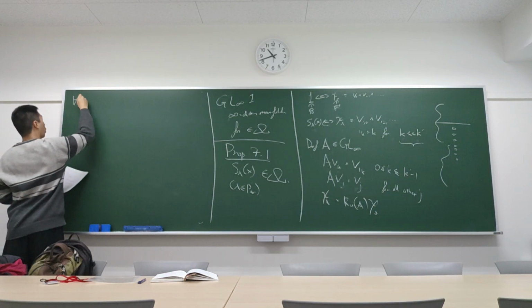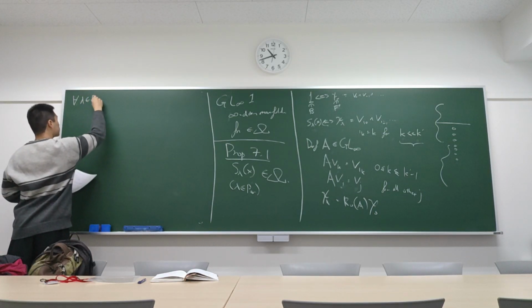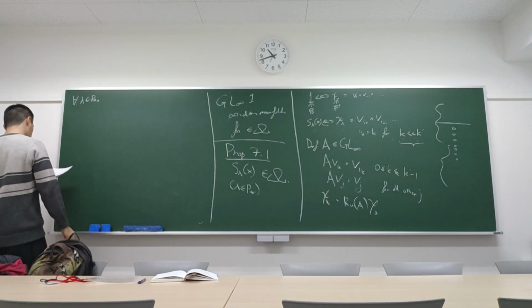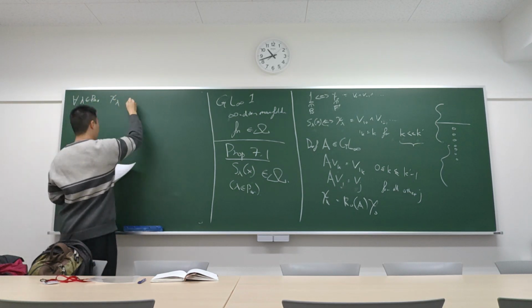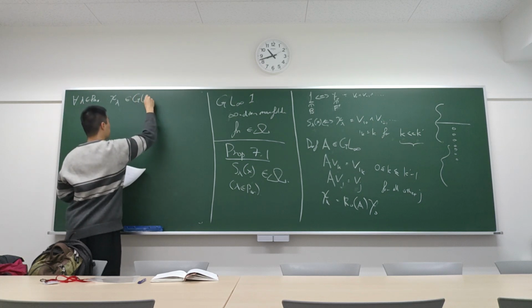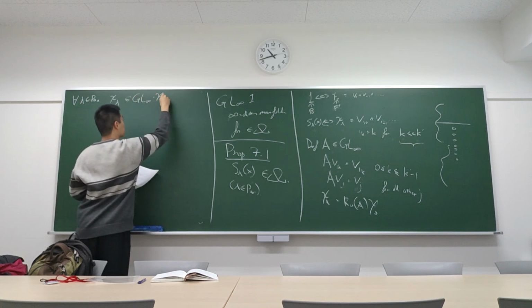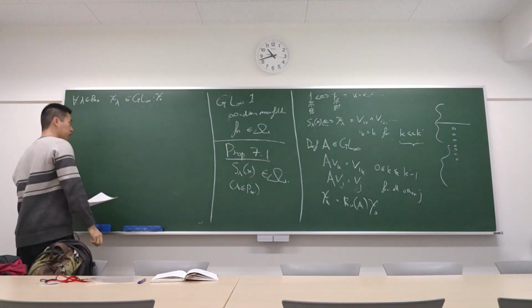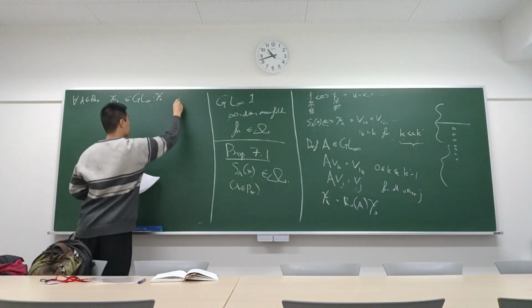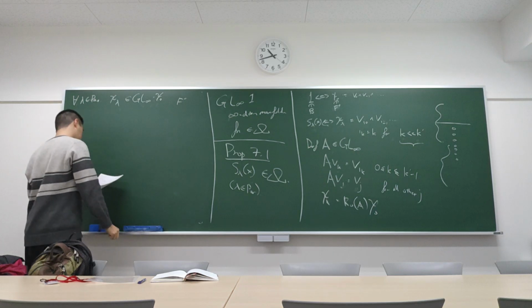And because all of the lambda lie in the set of all partitions, all of the psi lambdas must be in the orbit of GL infinity on the vacuum vector in the F naught space.